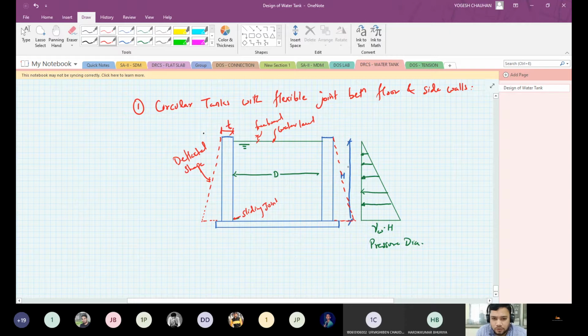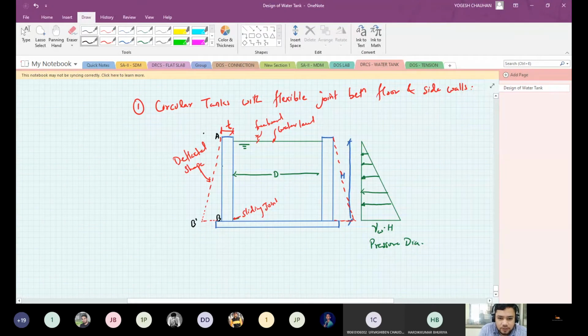Because whatever formulas we derive, we will consider the wall thickness as T. And this tank deflects from AB to AB dash.